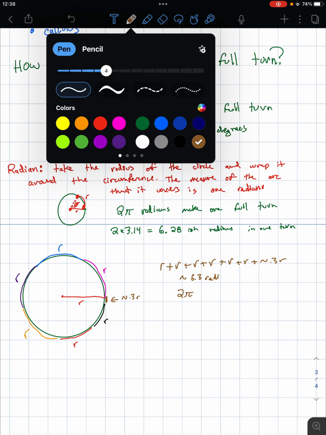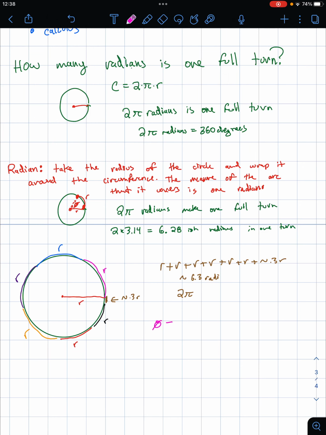So if I said that an angle equals 1 radian, guess what? There it is. That's theta of 1 radian. It's just how far that angle makes it. If I said that an angle was, let's do blue, keep it consistent, I said theta is 2 radians.